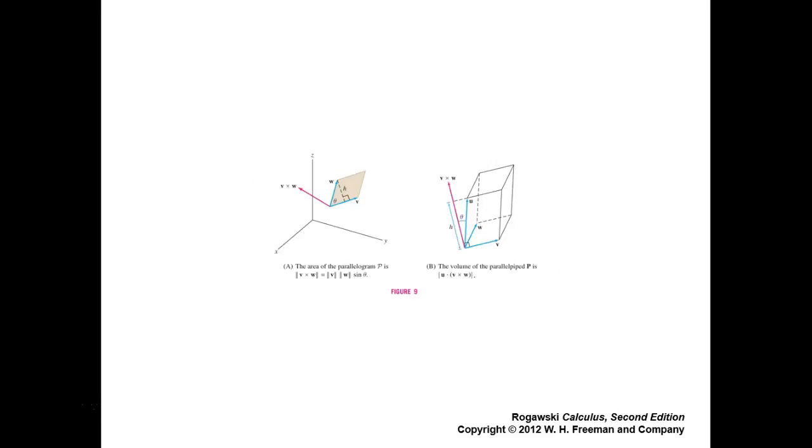With this picture go the areas. They just don't show it, so I think I'll write it in here. They actually show it here: the area of this parallelogram is the magnitude of V cross W.